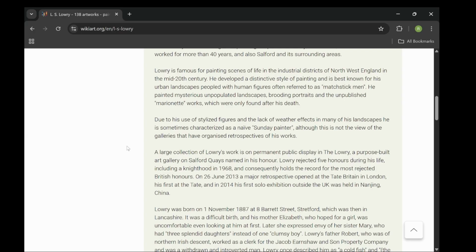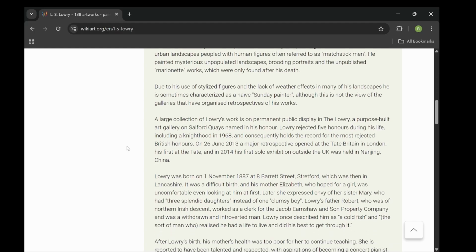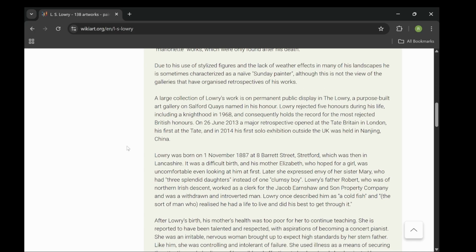It's very well worth watching, and it shows these marionette works, which are sort of hidden paintings found after his death that show a sort of almost fetish, let's just say a slight fetish side potentially to him, maybe a slight kink going on in the background, something that he kept very well hidden and buried in his life, but didn't destroy the works, so maybe did want them to be found after his death.